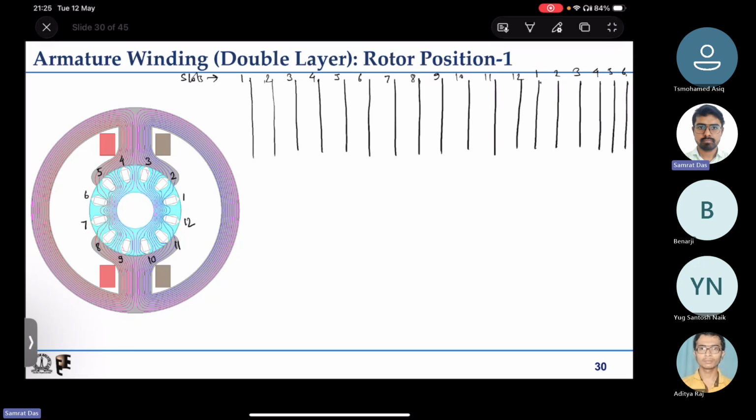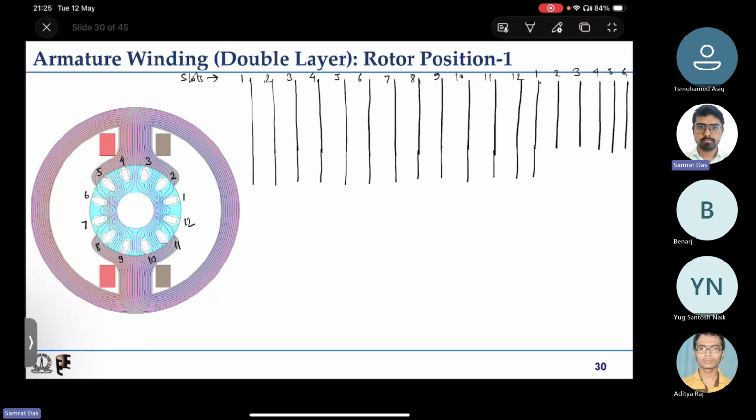Because it's circular, for completeness, and because I'll need them while drawing the coils, I'm repeating the other ones also, like 1, 2, 3, 4, 5, 6.